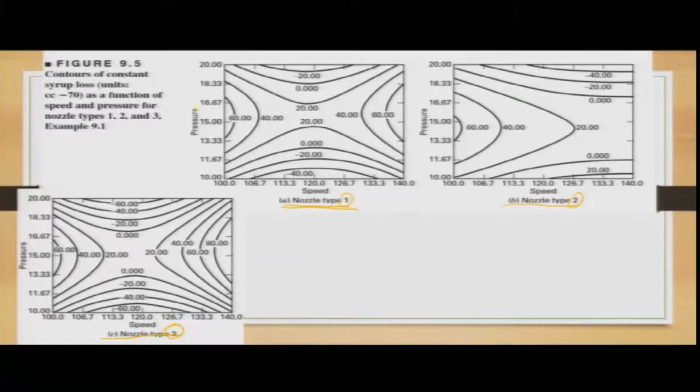This was the pressure along the y axis, the speed along the x axis for nozzle type 1 dimension; pressure along y axis, speed along x axis for nozzle of type 2 dimension; and this was pressure and speed for nozzle of type 3 dimension.